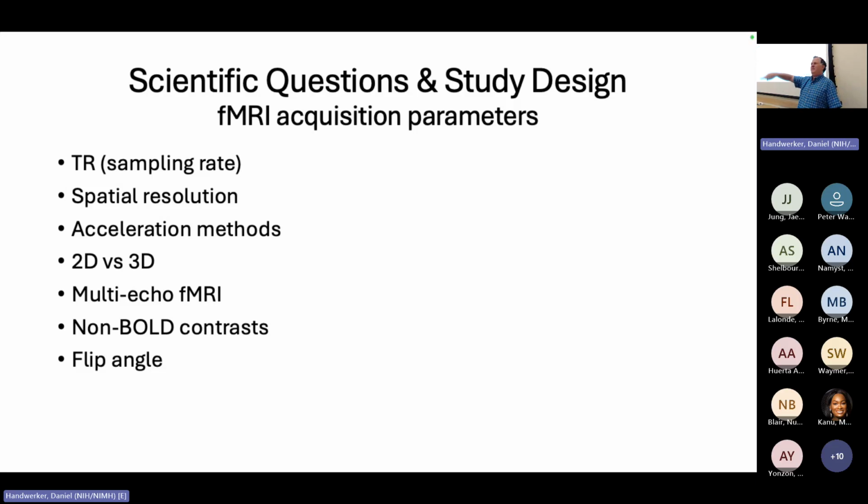A 90-degree flip angle is you pushing them until you're going back and forth through a 90-degree angle on the swing. It seems like a very simple parameter, but it turns out to be more complex than one thinks. So again, if you've inherited a flip angle from somebody, ask someone, is this an appropriate flip angle for my study?